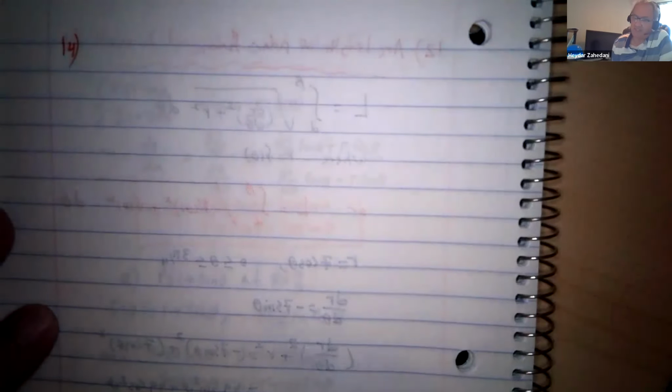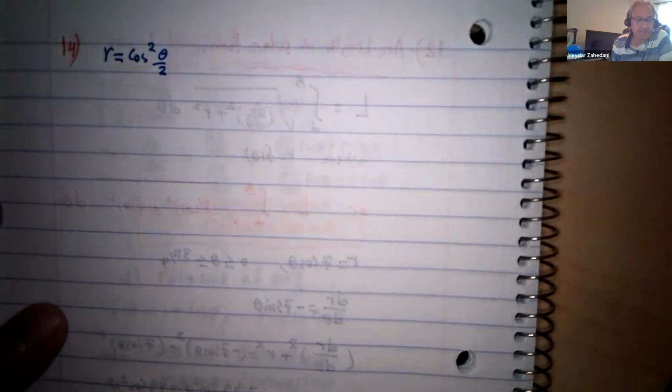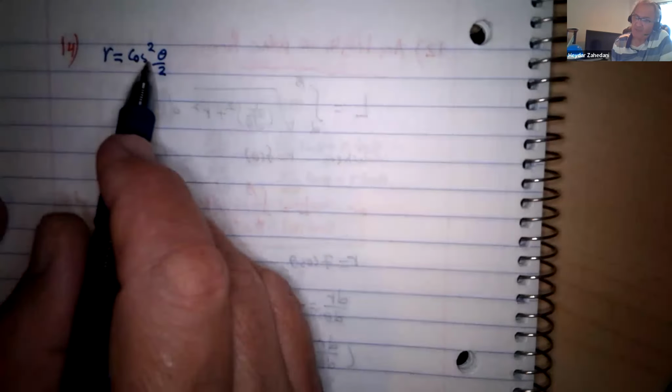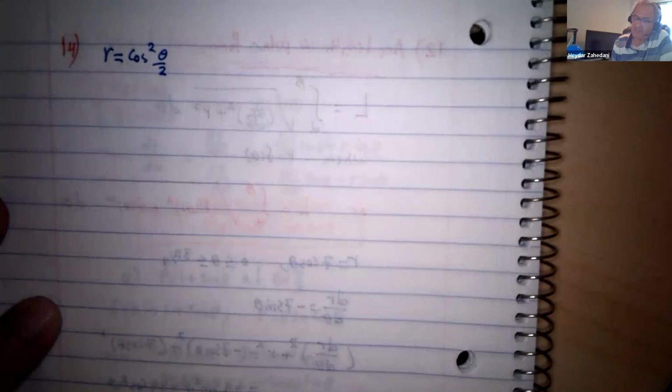You want to find the arc length of this function. r is equal to cosine squared of theta over 2. They ask you to graph it and then find your arc length. The point is you have to use the double angle formula to write this one.